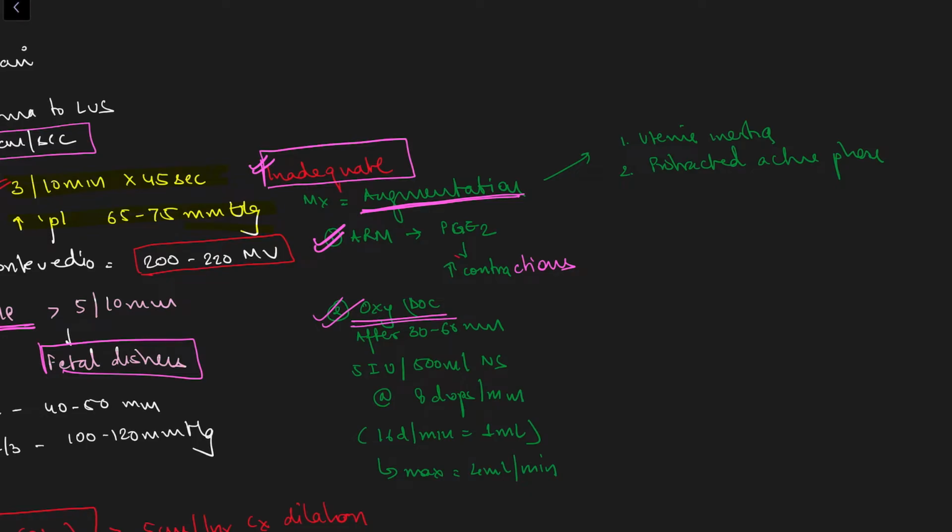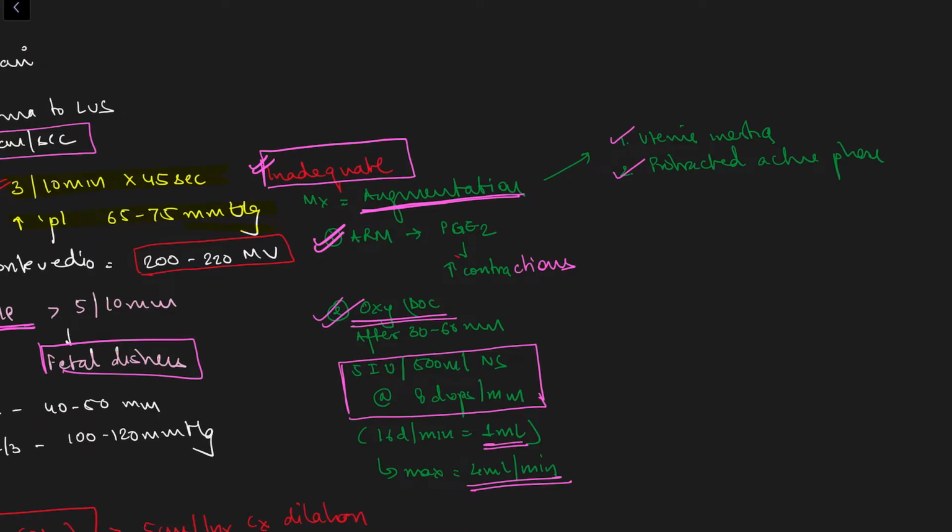We give it in the dose of 5 international units diluted in 500 ml, and the rate should be 8 drops per minute. Remember, 16 drops per minute is 1 ml, so a maximum of 4 ml per minute can be given. The indications for augmentation are uterine inertia and protracted active phase of labor.